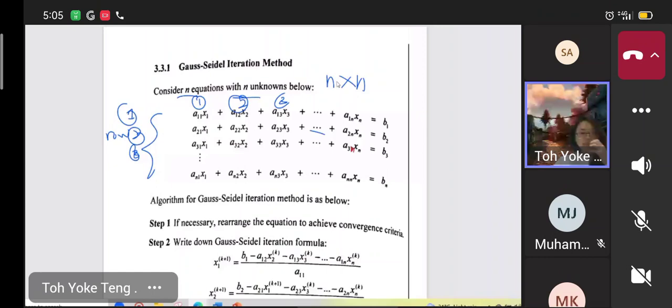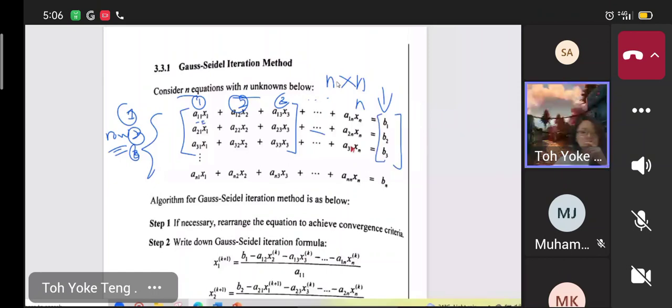Just the same thing. For the subscript, the first one denotes the row, the second one denotes the column. Again, here on the right hand side there is Bn. If let's say there is a 3 times 3 matrix, we only consider this part, and then the right hand side there is only this term. Okay, so here is just the general form.